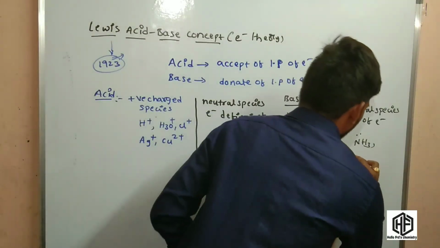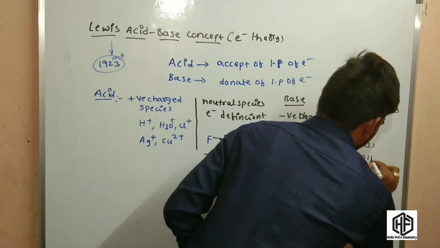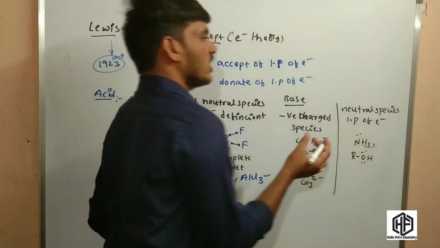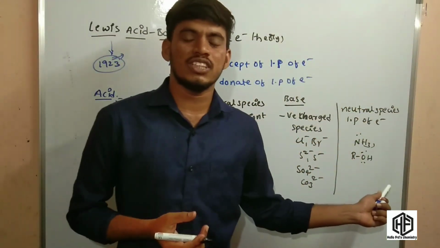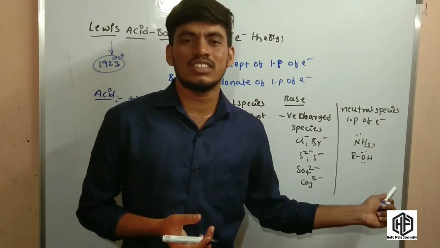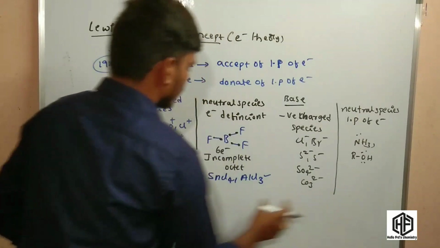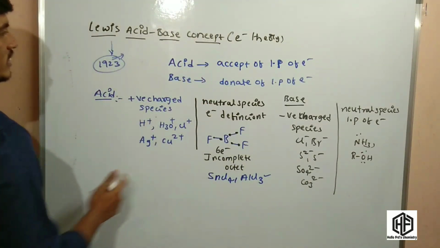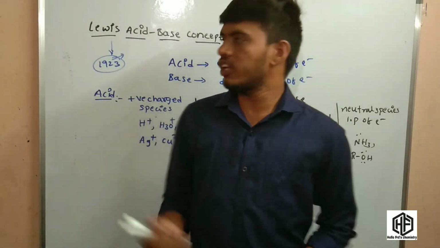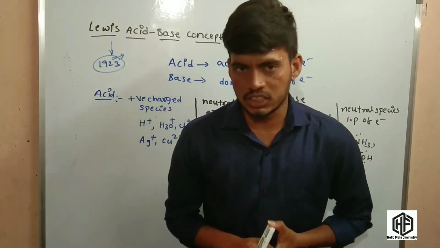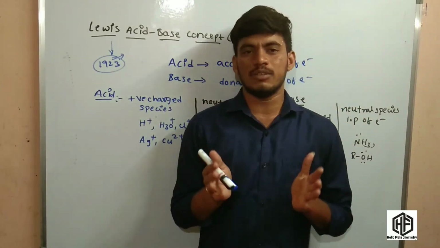Another one is ROH: in alcohol, the oxygen has a lone pair of electrons and acts as a Lewis base. These are examples of Lewis bases, and those were examples of Lewis acids. This is the Lewis acid-base concept. These are the concepts of acid-base theory.